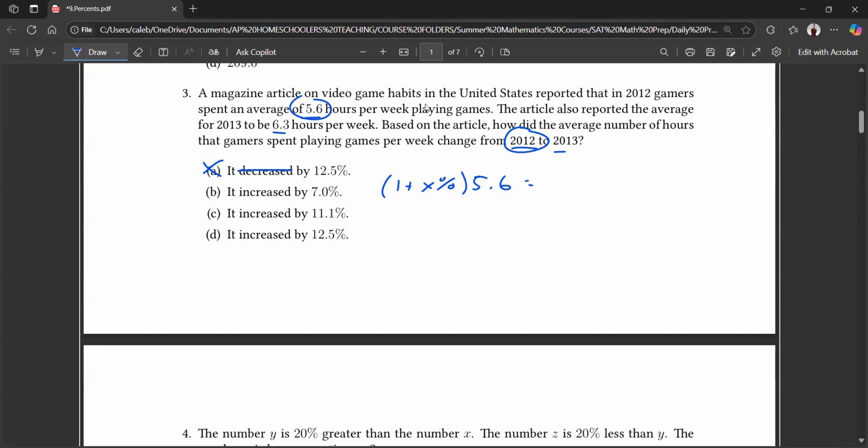And we happen to be told what this should come out to be, right? After making this specific increase, we should end up with 6.3. And before you know it, you have an equation. And that equation has only one unknown. And that one unknown can be isolated for and solved.